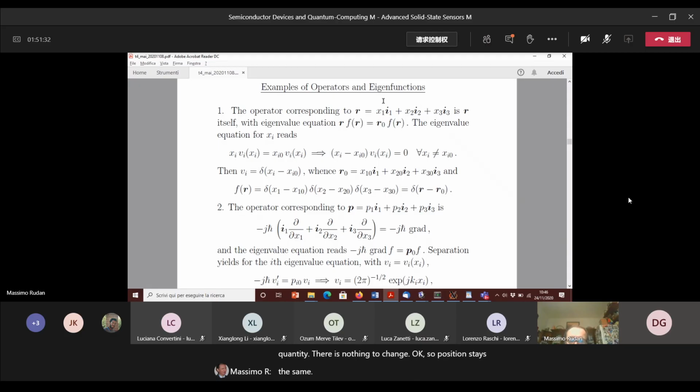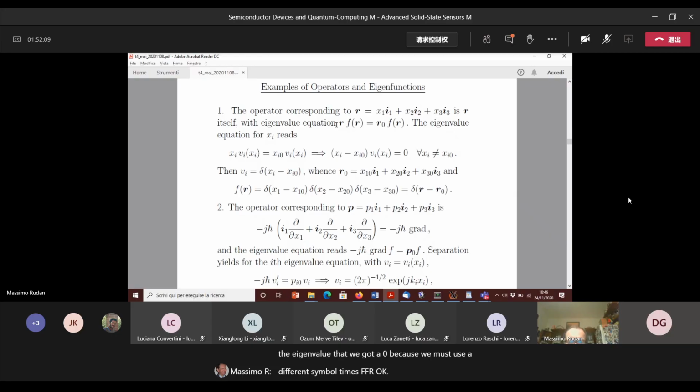Then we construct an eigenvalue equation with position. So we have to consider R as an operator, but it is a very simple type of operator because it is a multiplicative operator only. Okay, so R multiplies the eigenfunction that we call f, and the result must be the eigenvalue that we call R0, because we must use a different symbol, times f(r), okay?